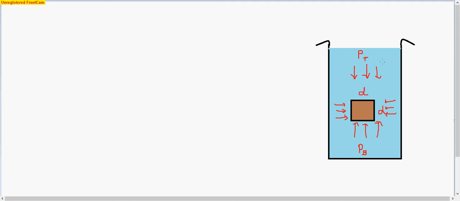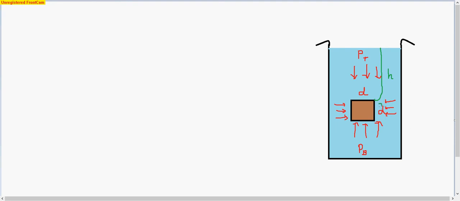Now, as you can understand from the figure, this pressure will always be more than this pressure, because if we consider this height, let this height be h, this pressure has more length or more height.